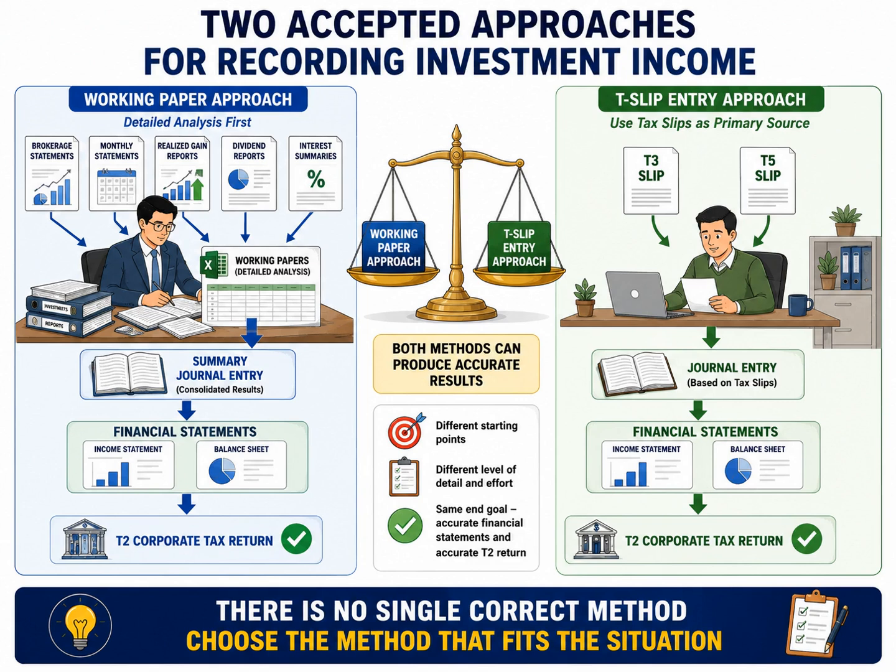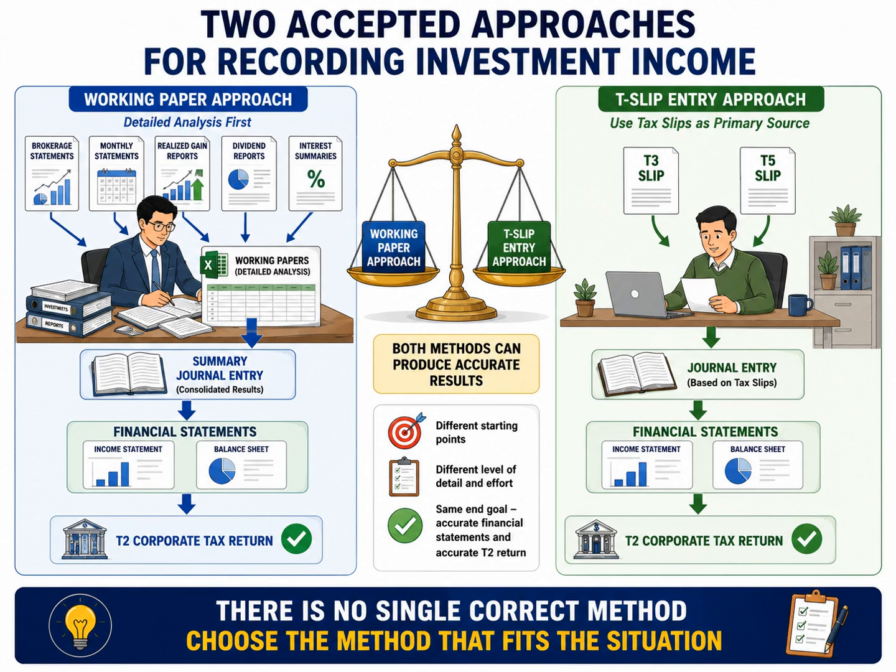Rather than recording information directly from tax slips, the accountant analyzes all of the investment activity and prepares detailed working papers. These working papers summarize the investment income and become the basis for the journal entries. The journal entries then flow into the financial statements and ultimately into the T2 corporate tax return. This approach provides a high level of detail and is often preferred when investment portfolios are large or complex.